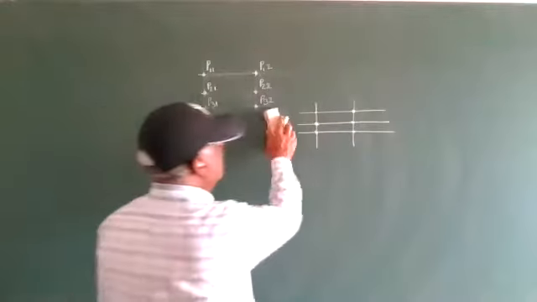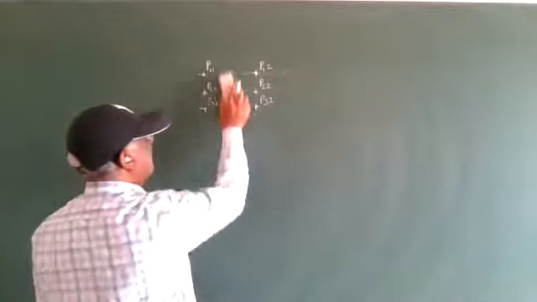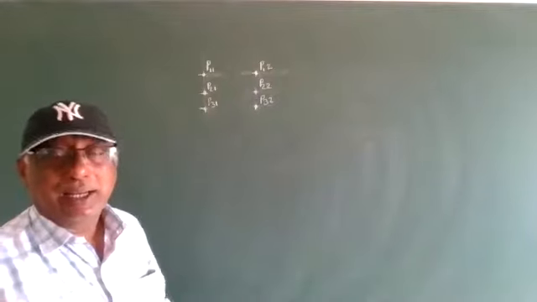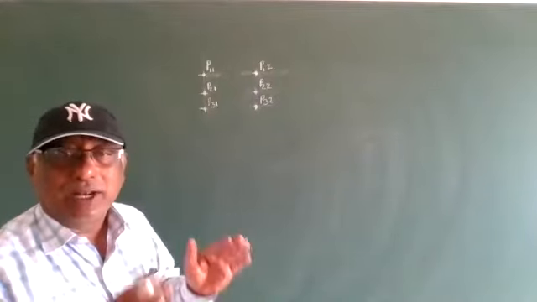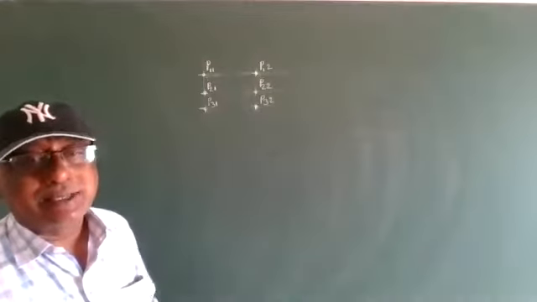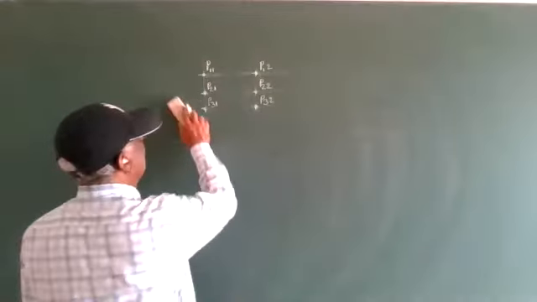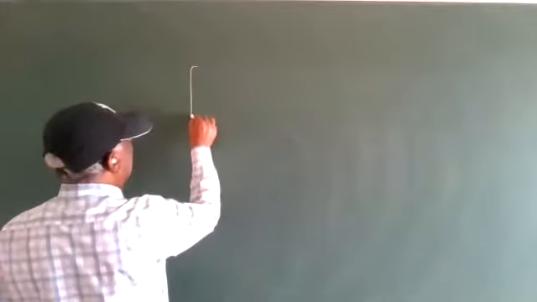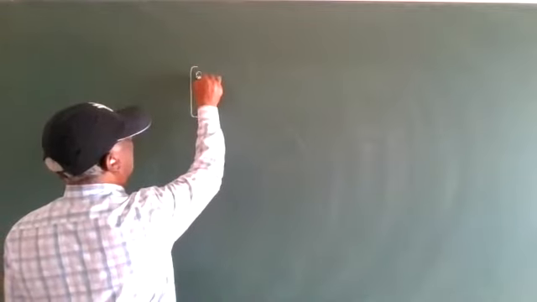We take numbers or letters in a rectangular form, which is called a matrix. So matrices means we take some numbers in rectangular form.